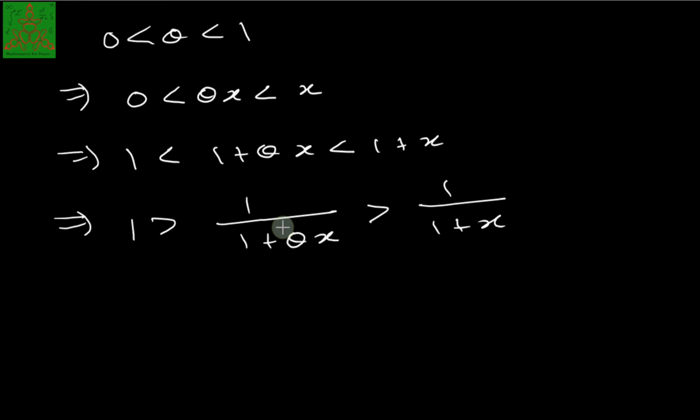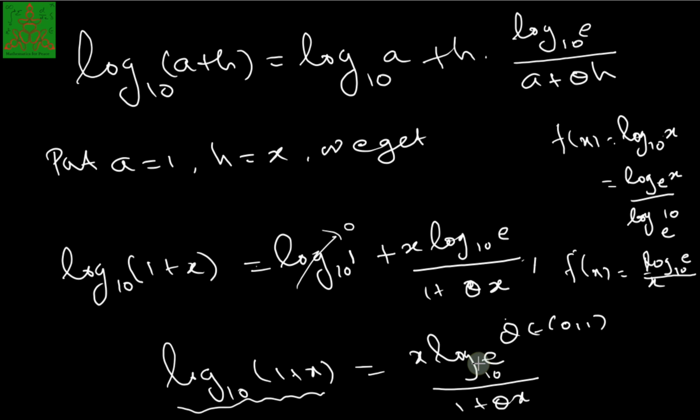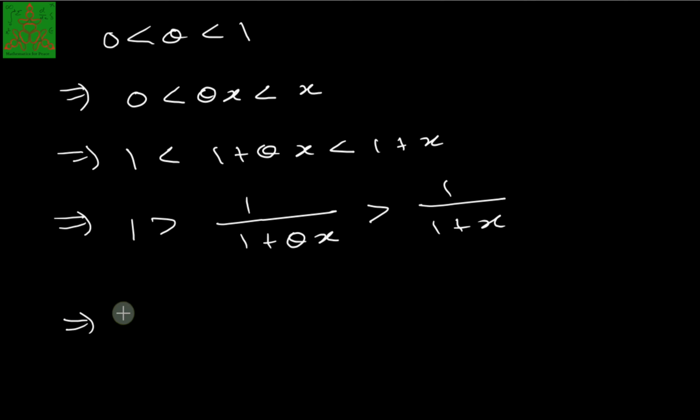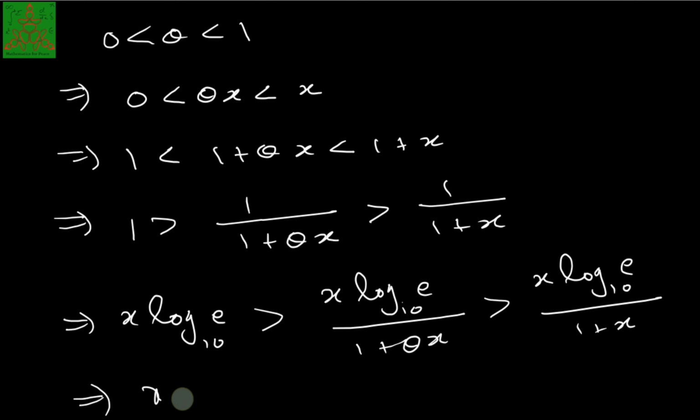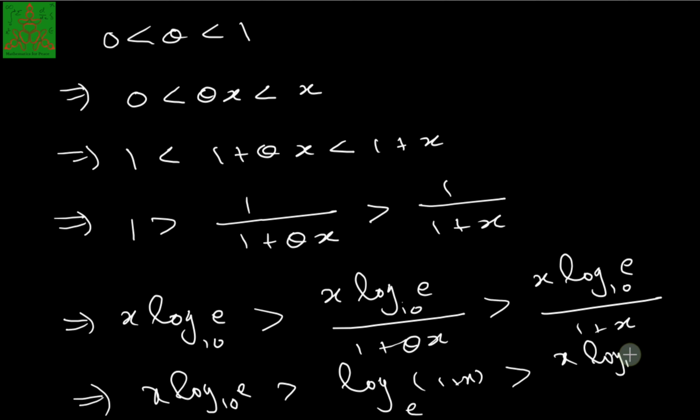Now you just observe that this quantity is missing, so I'll multiply this quantity into both sides. That implies x log e base 10 upon 1 plus theta x is greater than x log e base 10 upon 1 plus x, and just put the value back from the previous expression, we got log 1 plus x base e greater than x log e base 10 upon 1 plus x.